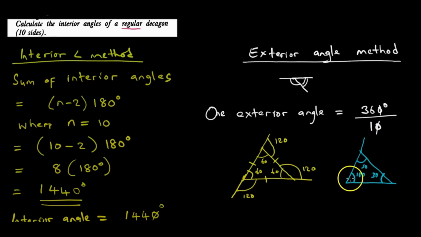What will my exterior angles be? Here the exterior angle we get by 180 minus 100, so that it's 80. Here we will say 180 minus 50. What do we get? We get 130.